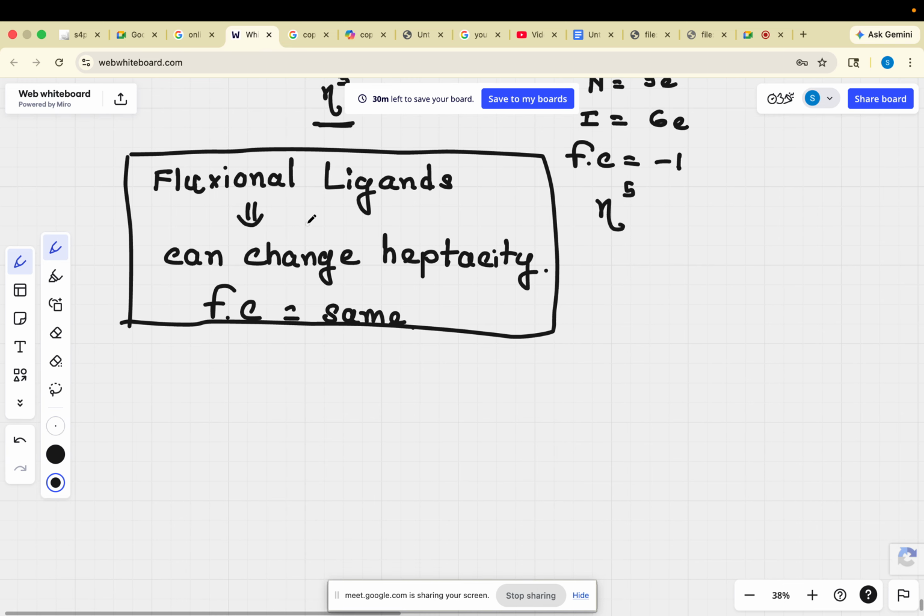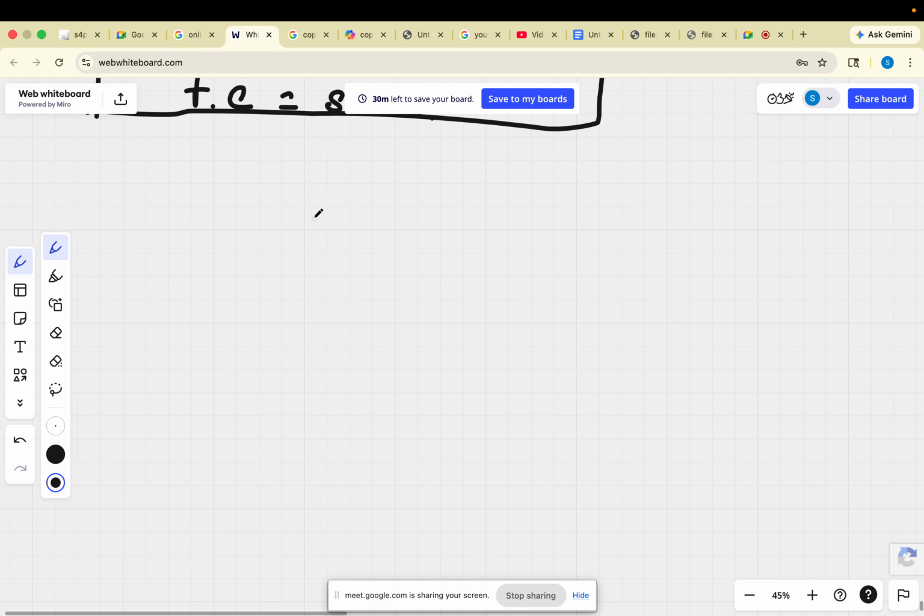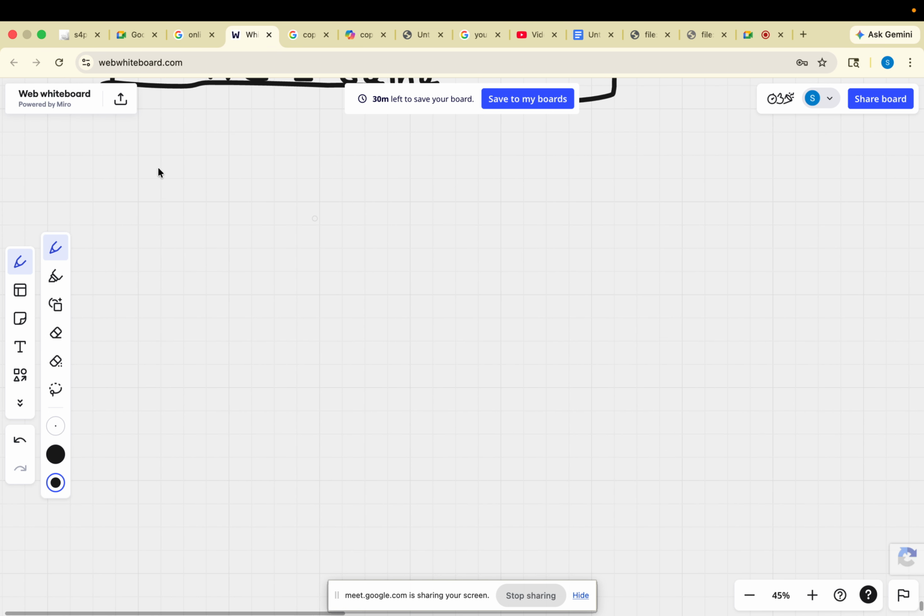Done, sir. Okay, so suppose I have this system, 1 2 3 4 5. Metal is attached here, here you have a double bond, here also a double bond.